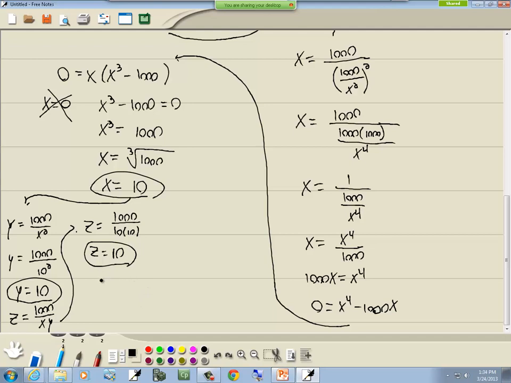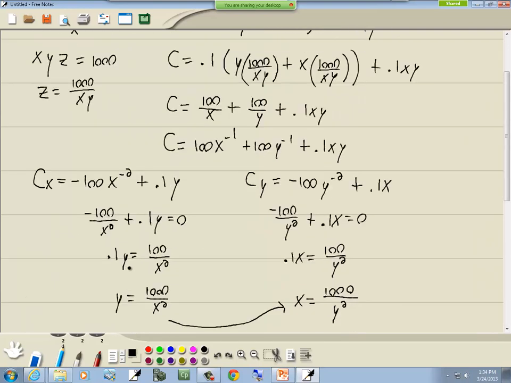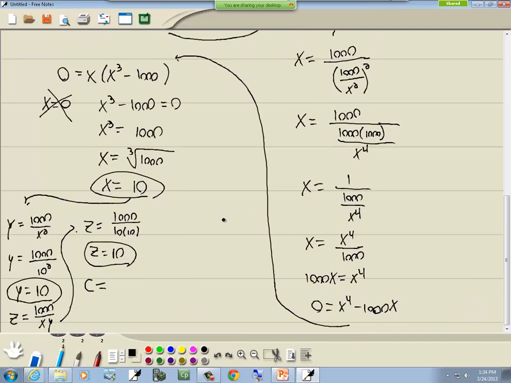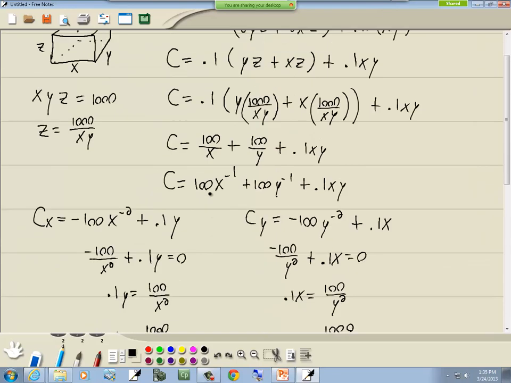Now our cost from up above. Let's see what C was. C was equal to 100 over x plus 100 over y plus 0.1 times xy, was it? Yeah, xy.